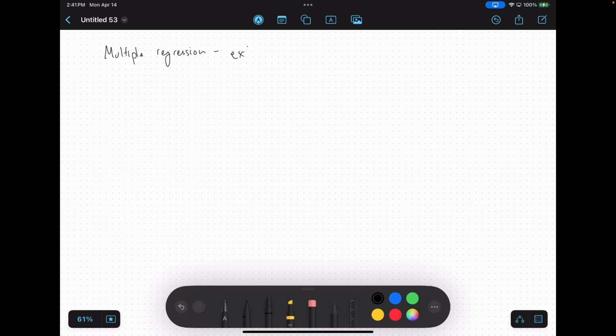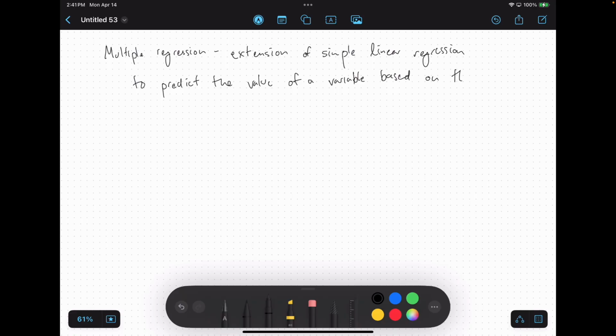This is an extension of simple linear regression to predict the value of a variable based on the value of two or more other variables.